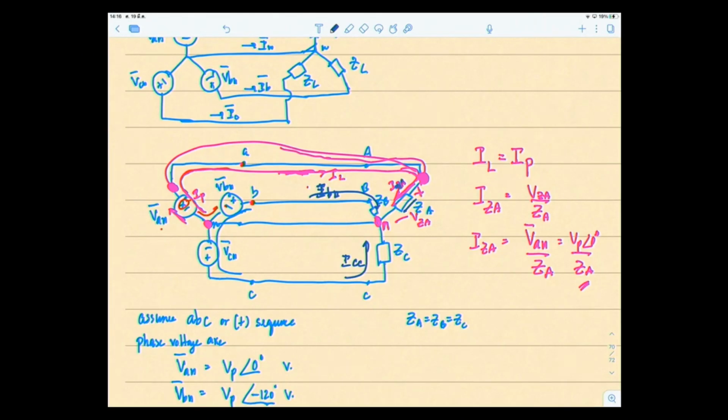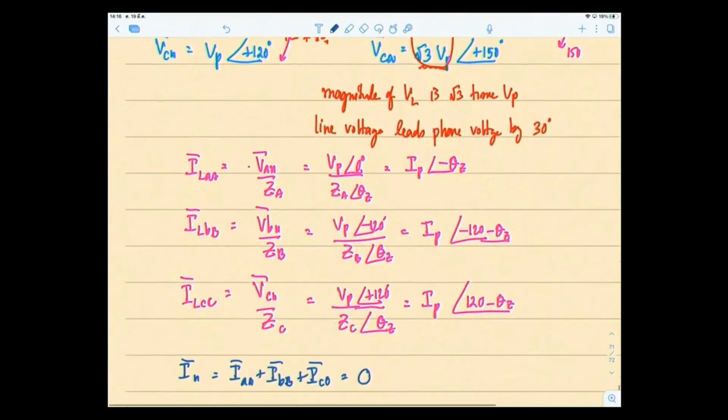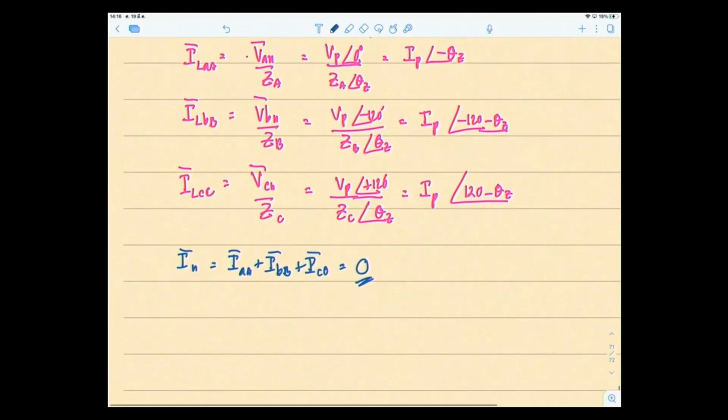They come here, and IN adds up to be equal to 0. So if you have a perfectly balanced system, the current in the neutral line will be 0, and the neutral line can actually be removed. So this is how you calculate line voltage, line current, and phase current for the YY connections.